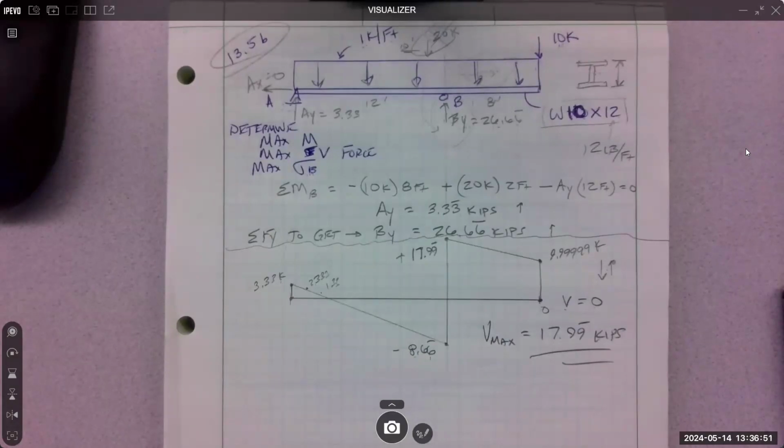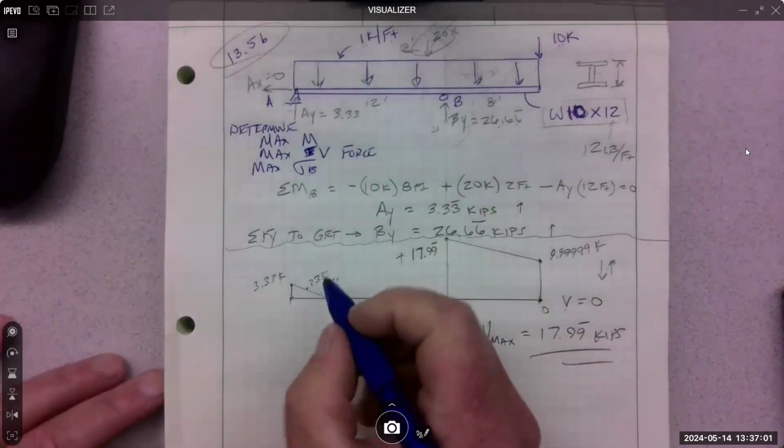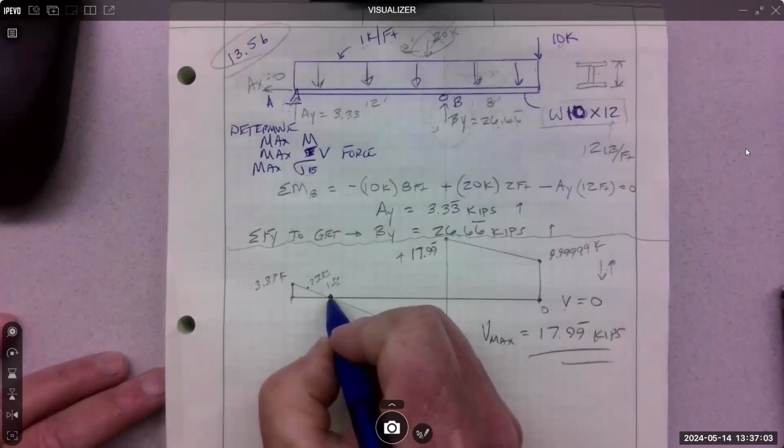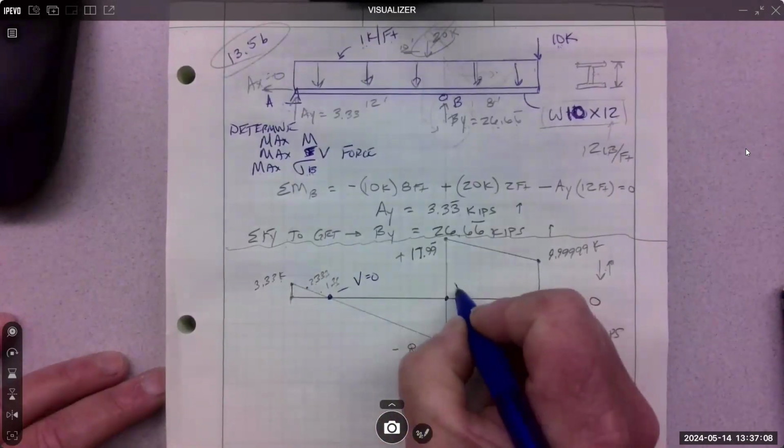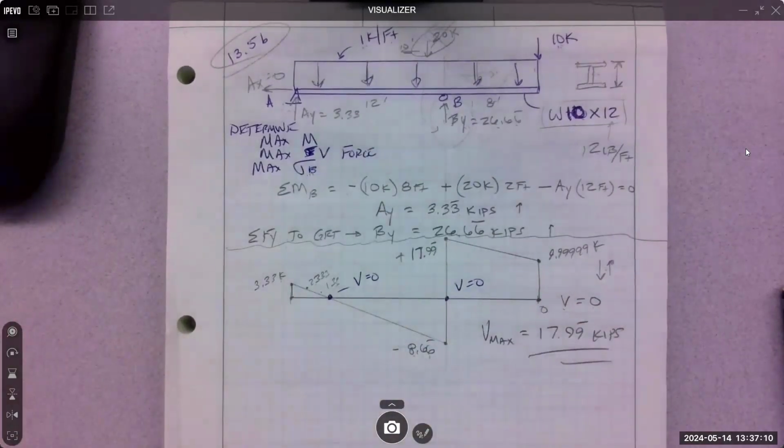Super important parts of the shear diagram: maximum, which we just got, zeros. If there are zeros in the shear diagram, right there, V equals 0. Right here, V equals 0.